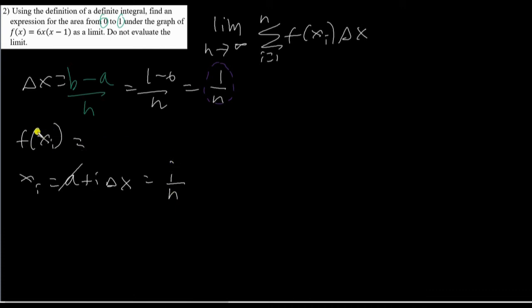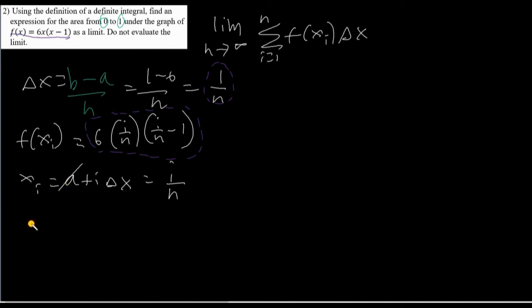Okay, and then f of x sub i: whenever we see an x in our f of x up here, we're going to replace it with i over n. So this is going to be 6 times i over n times i over n minus 1. Right, that's part 2. And now we can write the limit definition.